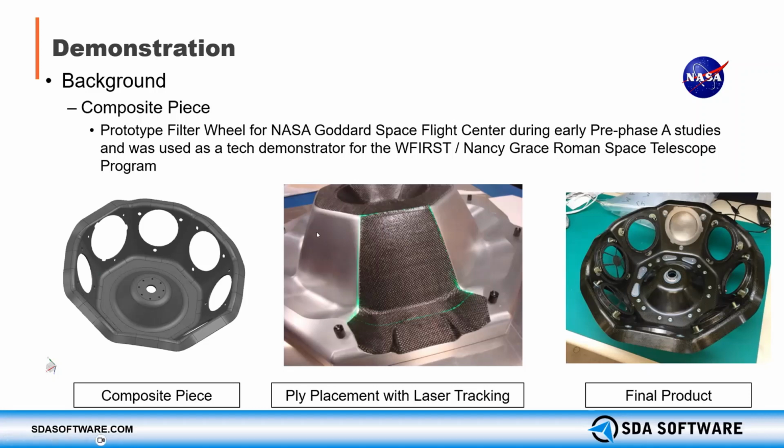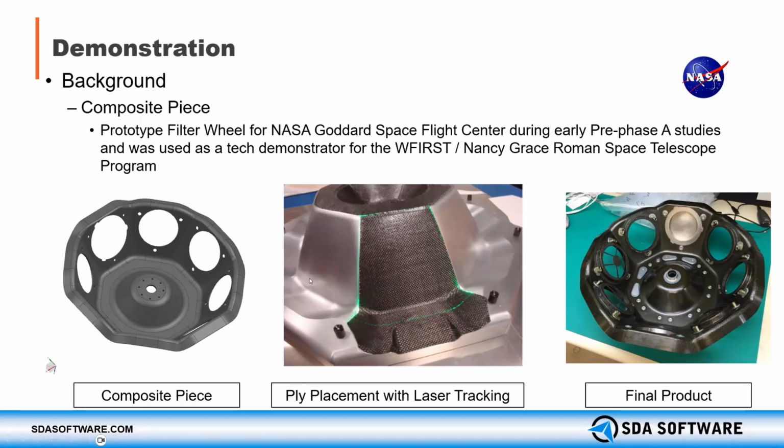What we did with this part is we actually were able to produce the ply layups in Fibersim, therefore digitally creating our plies instead of spending many hours and wasted material trying to generate these layups by hand. So we took what would have taken about 4 to 5 weeks of hand layup and reduced it to a single week of cutting out the plies.